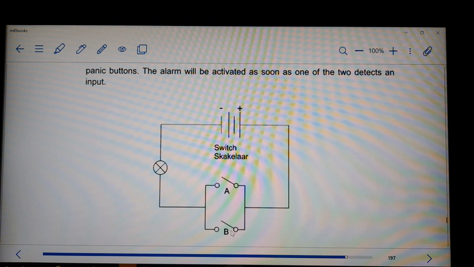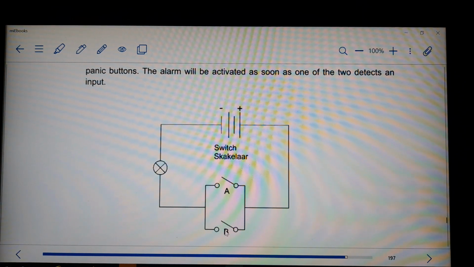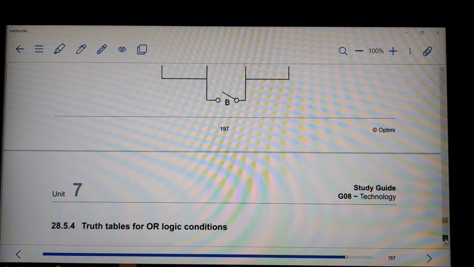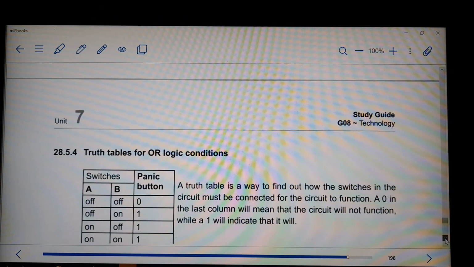And if the two of them are off, then that is the only time that we will not have the bulb switching on. So in an OR gate, the only way to have off is if both are 0.